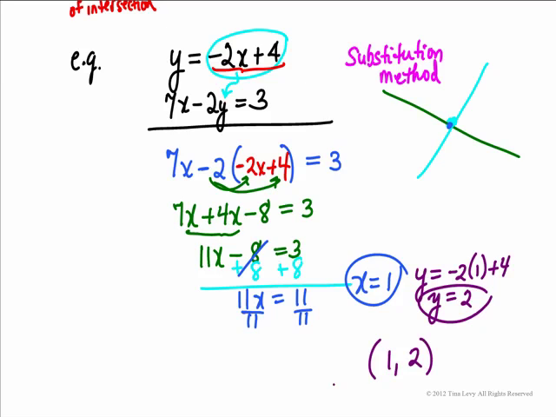This is the substitution method because usually in this method you have either y equals or x equals, or you're able to get it, and you substitute it into the other line equation. I'm going to go to the next page and we'll do another problem solving for the point of intersection given a system of equations or two linear equations.